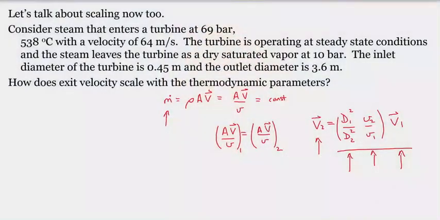So again, if we increase the diameter by a factor of 2, depending on if it's the entrance, you'd increase the velocity by a factor of 4. If you increase the diameter of the exit by 2, you decrease the velocity by a factor of 4. And those types of scales are very powerful for us to interpret and apply for our problems.